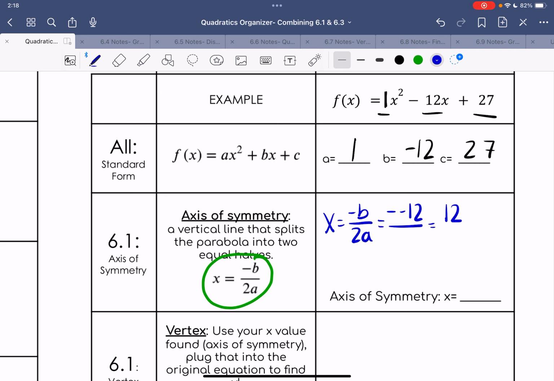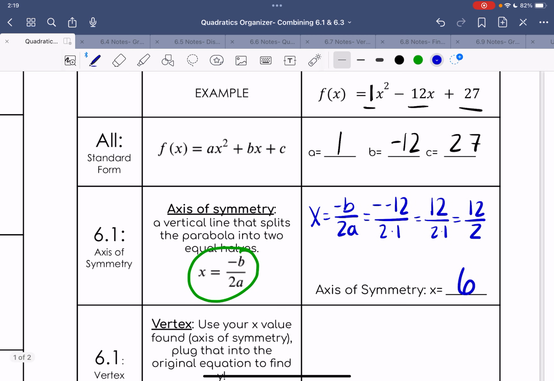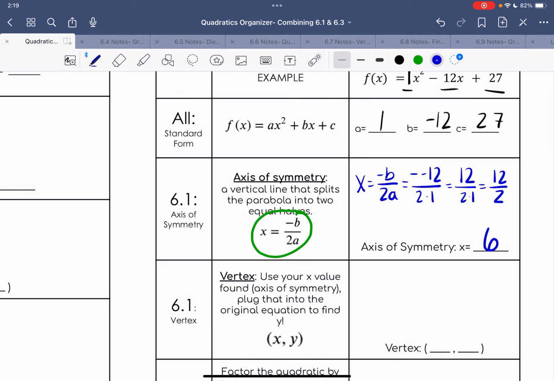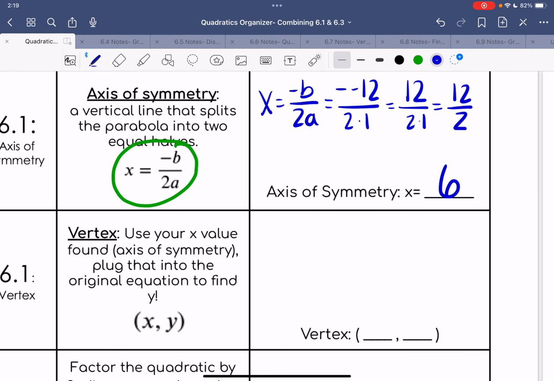And on the bottom, 2A is 2 times 1. So I've got 12 divided by 2, and 12 divided by 2 is 6. So my x value is 6. Once I find that x value, I am going to plug it in and find my y value. That'll give me the ordered pair that is my vertex. So the x value of my vertex is 6.